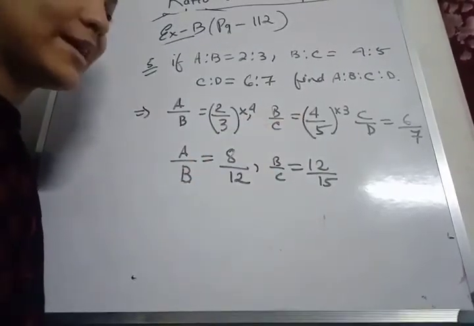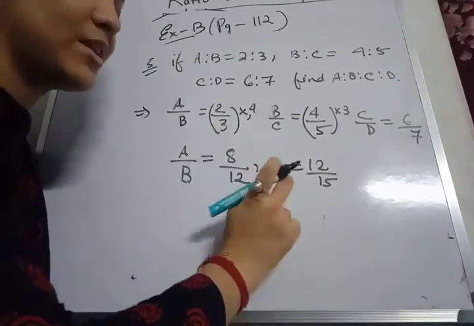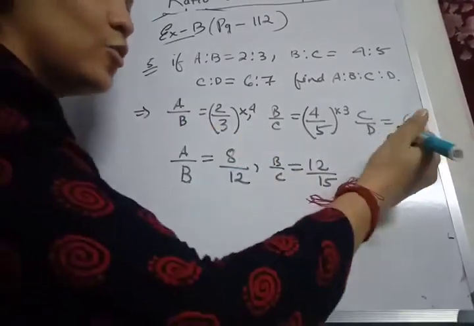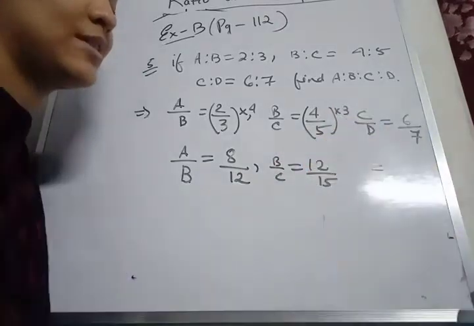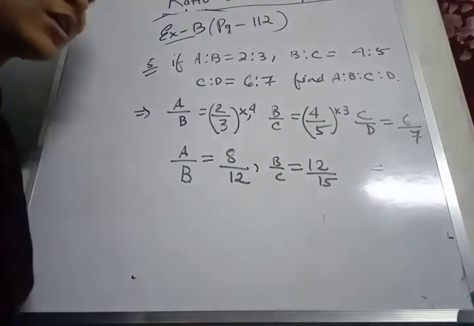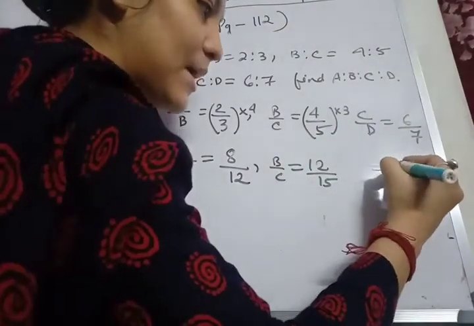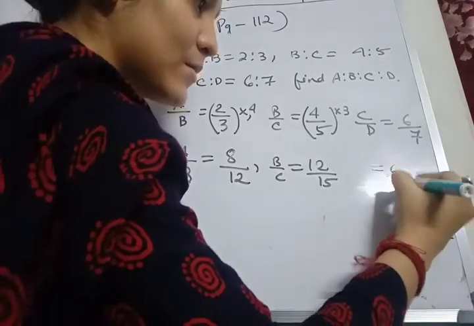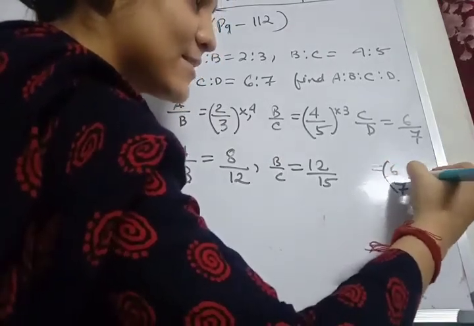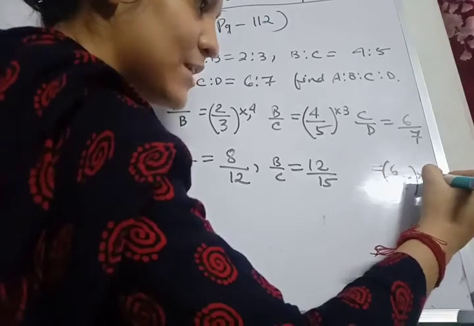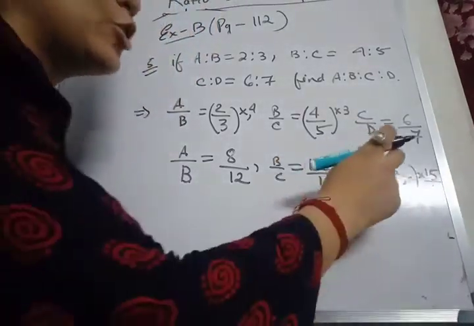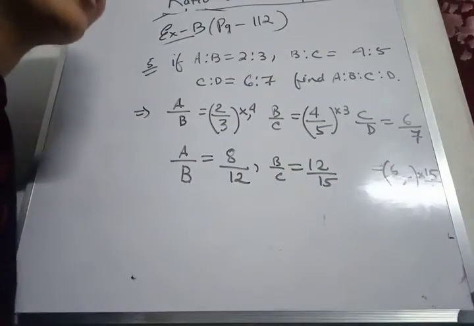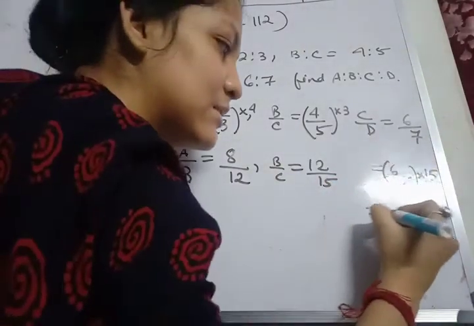Now we come to c by d. Here c is the common term. Here c, what is the value? It is 15. So by how much are we going to multiply to get 15? We are going to multiply this term by 15 by 6. Because if I multiply this entire term by 15 by 6, the numerator part, that is the c term, will be 15 because 6 gets cancelled.